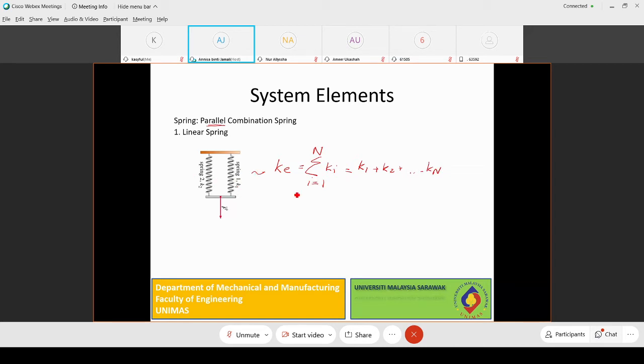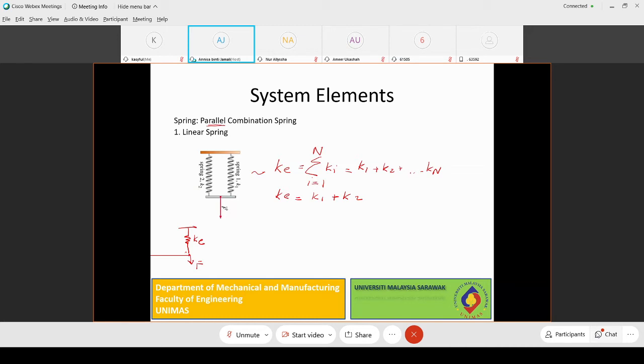Since we have two springs here, the total constant would be K1 plus K2. So we can simplify this system into this. Let's say we have a force here, so the value here would be equal to Ke, the combination of these two.